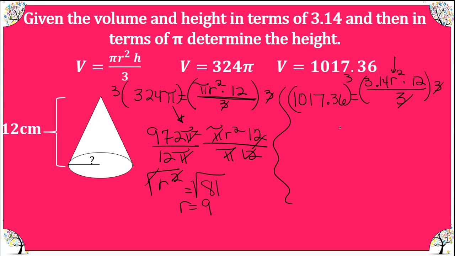And 1,017 and 36 hundredths times 3 gives us 3,043 and 8 hundredths is equal to, and I'm going to go ahead and multiply these as well right here. 3.14 times 12 gives me 37 and 68 hundredths times r squared.